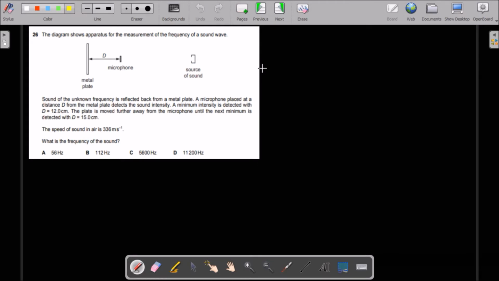Question 26. The diagram shows apparatus for the measurement of the frequency of a sound wave. Sound of the unknown frequency is reflected back from a metal plate. You know that when a sound is reflected back from a metal plate, a hard object, a stationary wave is created.